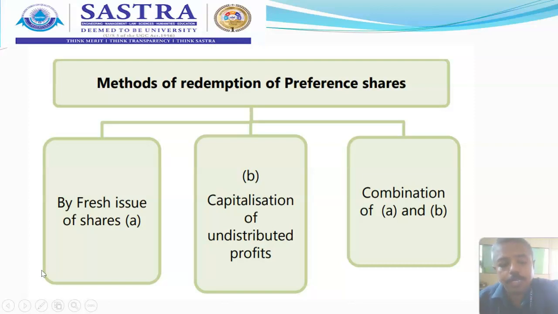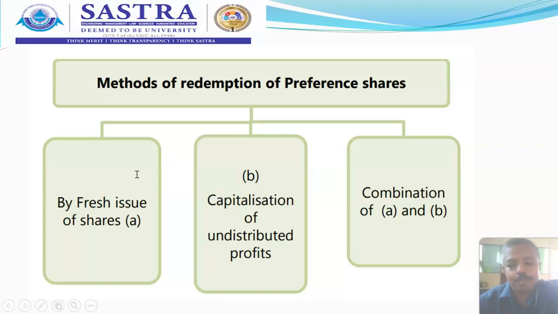Now let us learn what the advantages and disadvantages of redeeming the preference shares by the issue of equity shares are. The first and foremost advantage is that there is no cash outflow of money, either now or later. That is a great benefit, no? The next is that the new equity shares may be valued at a premium.